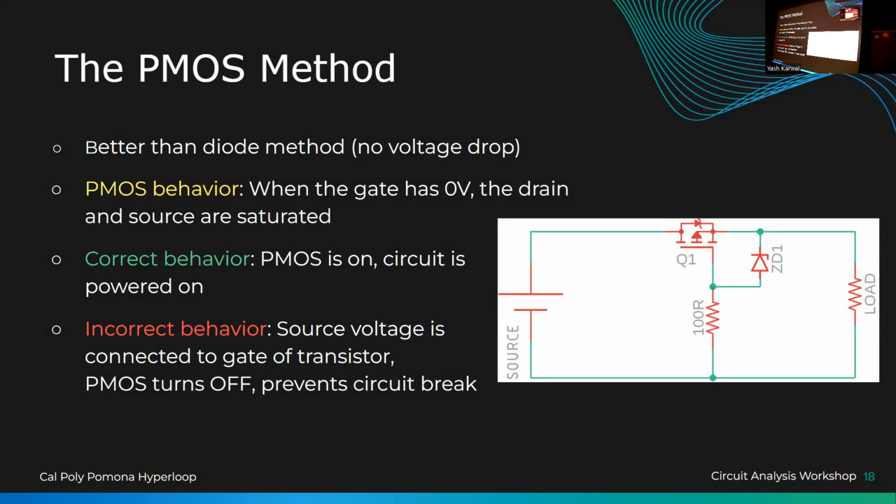For a PMOS to work, the gate right here has to be less than the two terminals coming out, so you can say 0 has to be less than those. If we have 5 volts in here and this is to ground, that's 0, then the voltage will go through.